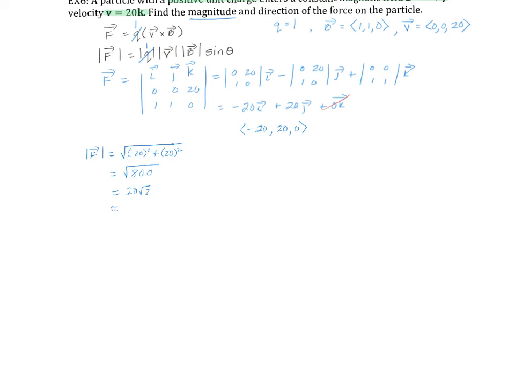And then if I were just plugging this in a calculator, I'm going to go one decimal place. So I'm going to write this as 28.3. What are the units? So force is newtons, or the magnitude of force is newtons, right? So this is newtons.